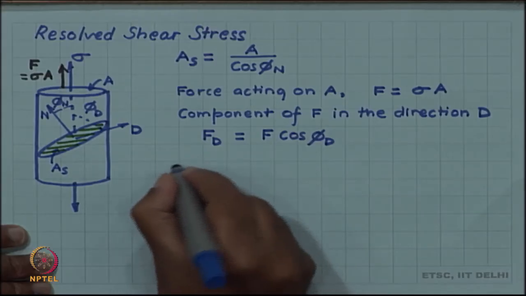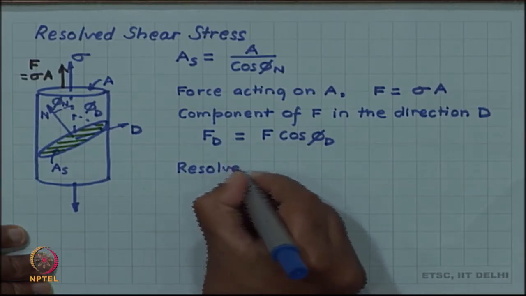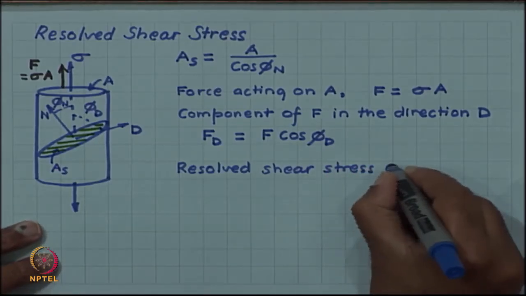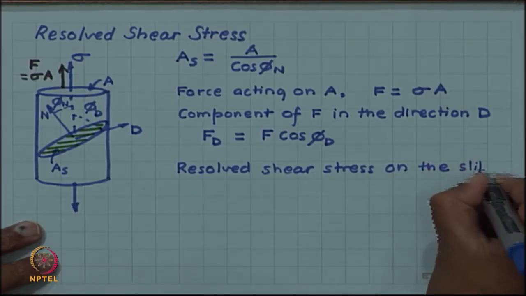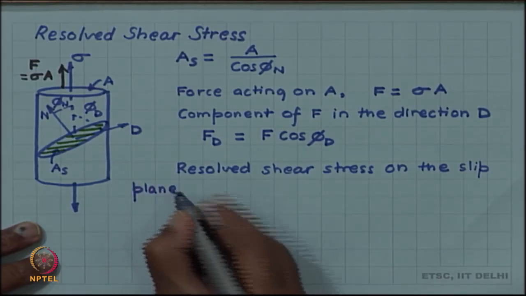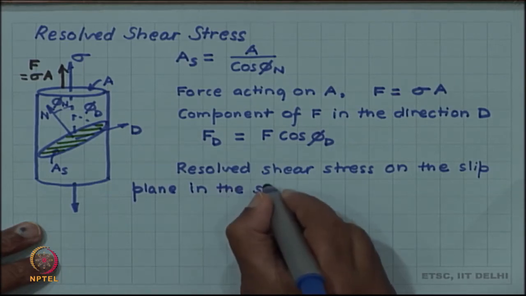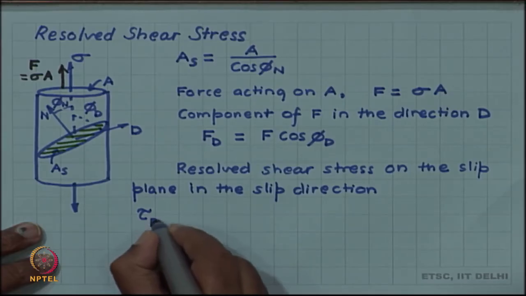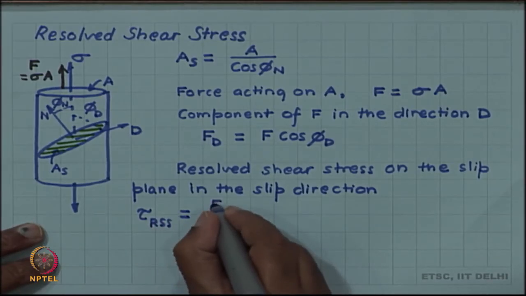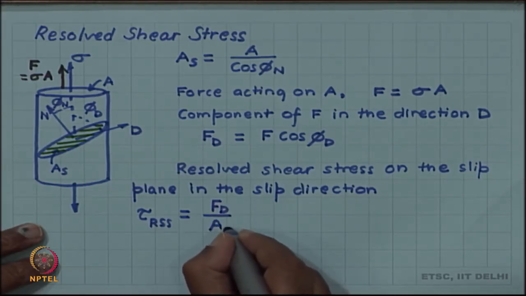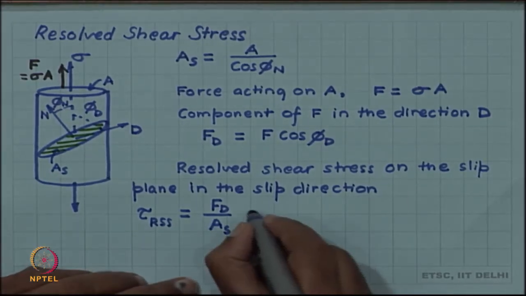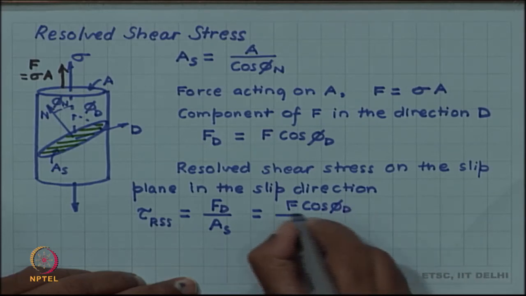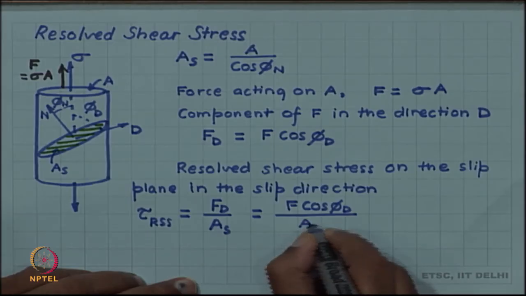So, the resolved shear stress on the slip plane in the slip direction, tau RSS, will be the force F d acting on an area A s. F d we have already found as F cos phi d, and A s we have found as A by cos phi n.